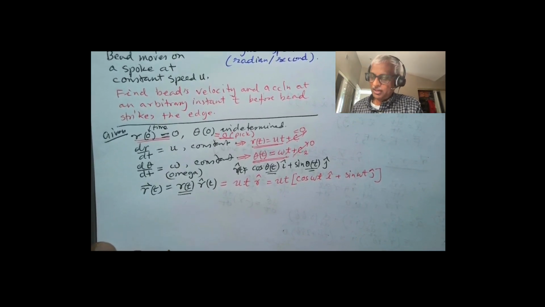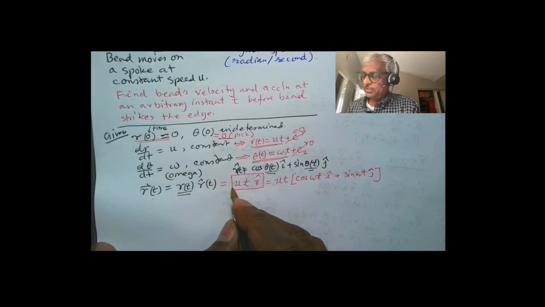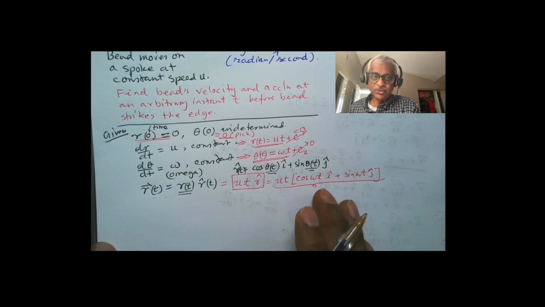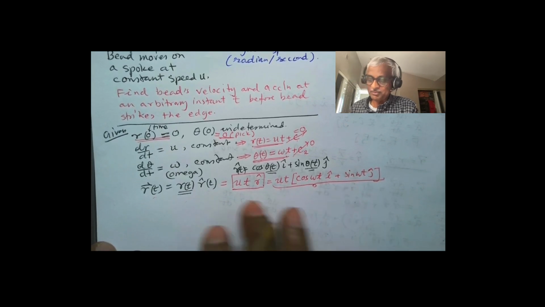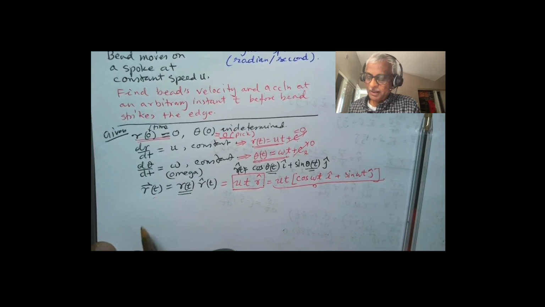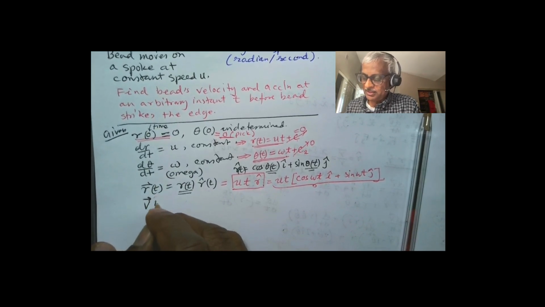All right, so we got the position vector written out in polar coordinates, and this is the Cartesian form. It looks more complicated and more simple, right? Okay, so now we want the velocity of t.